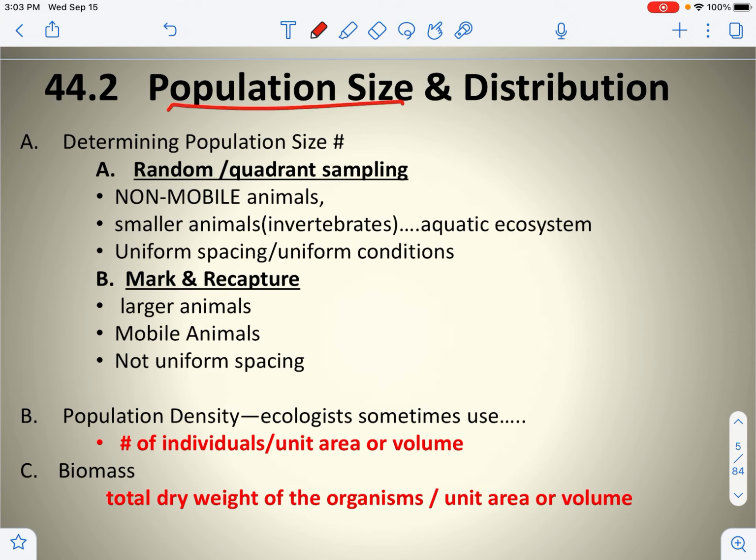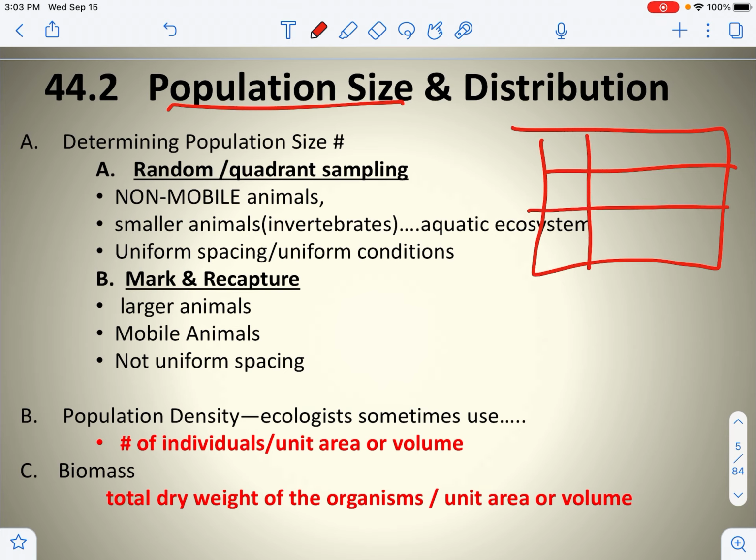Let's talk about that first. It gave you two ways to do that, what we call quadrant sampling or random sampling, and mark and recapture. And this is pretty self-explanatory, I think, when you would use one or the other. Quadrant sampling, you go out and divide an area with string or something into quadrants, and then you count how many things like dandelions are in certain quadrants, and then you can estimate from that.